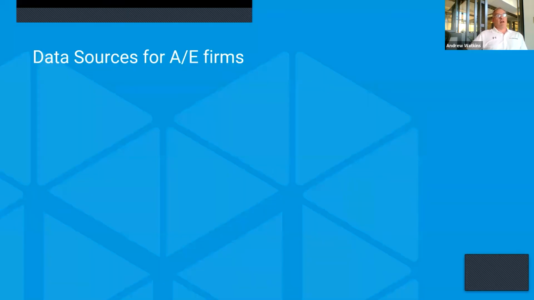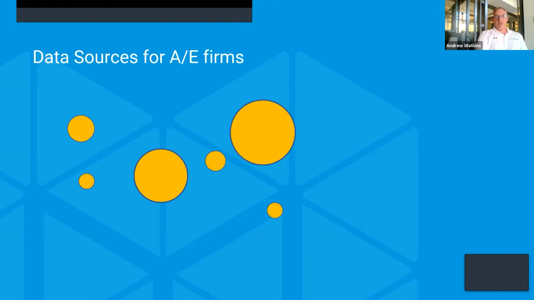All right, so as we mentioned, we AE firms have data sources kind of scattered all throughout our servers. We're going to take a little bit of look at that in a few minutes here. But it's big data, it's small data, it's all kind of disparate and siloed.